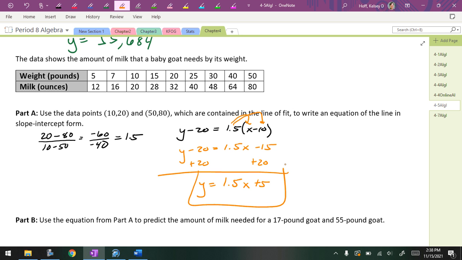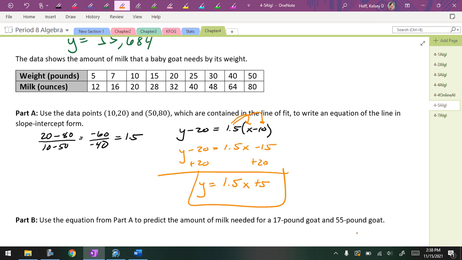Absolutely have yourself a decimal in this. Most of you are being really kind and you're leaving your number as a fraction. You do not have to. I got y equals 1.5x plus 5. Yes? I got that. Oh, you didn't have the negative. Yep, you didn't have the negative.